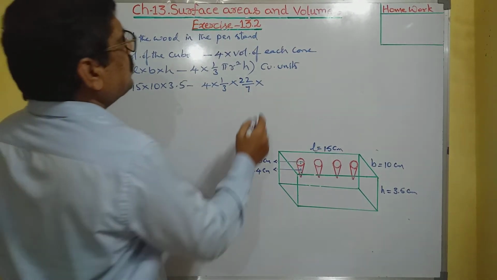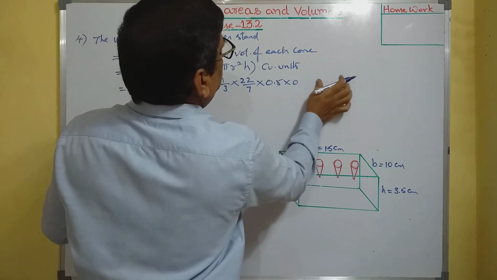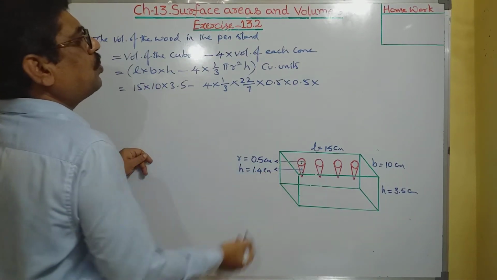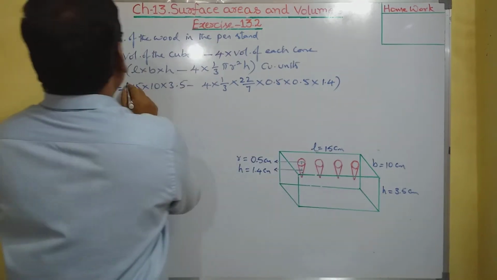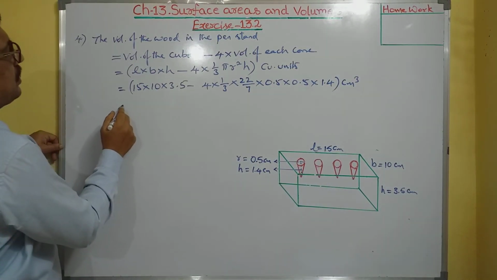The radius is given 0.5. 0.5 into 0.5 and height of the conical portion is 1.4. Okay, centimeter cube.